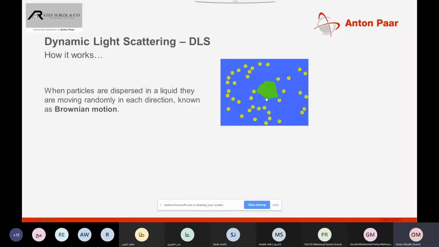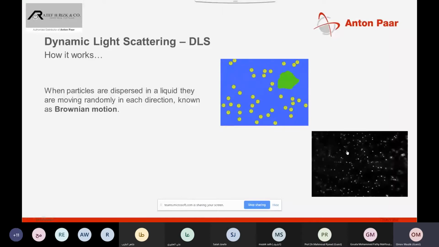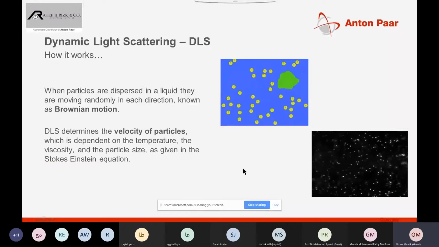Most of the time when you have particles in a nanometer range, the particles always interact with the solvent molecules, and because of that interaction, they keep on randomly moving.